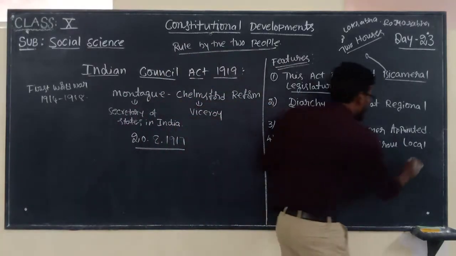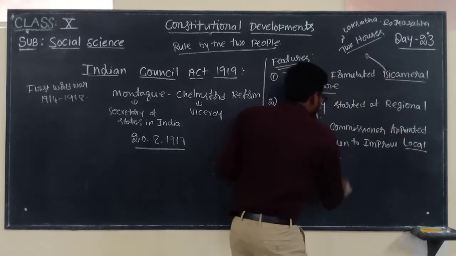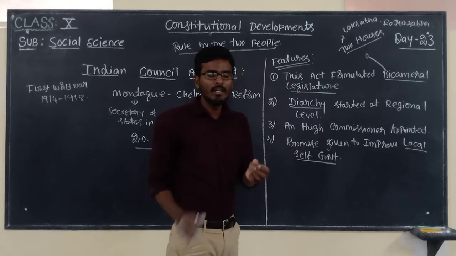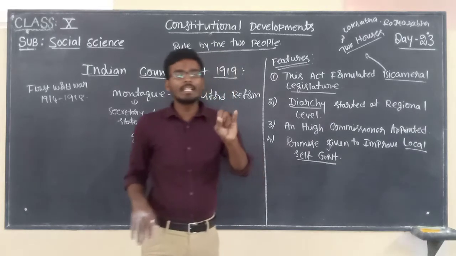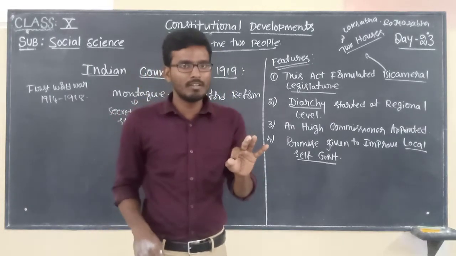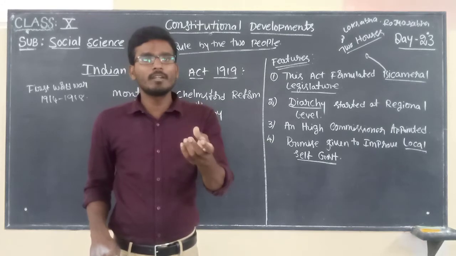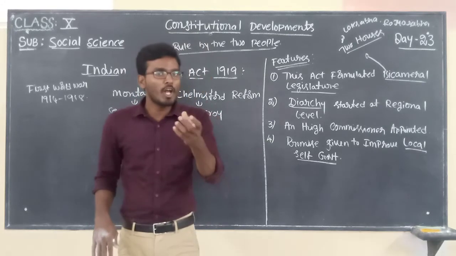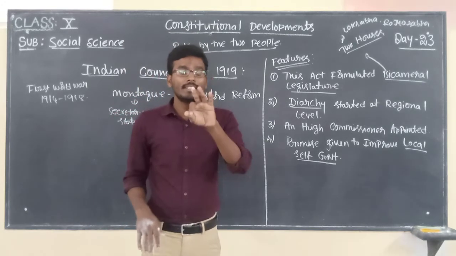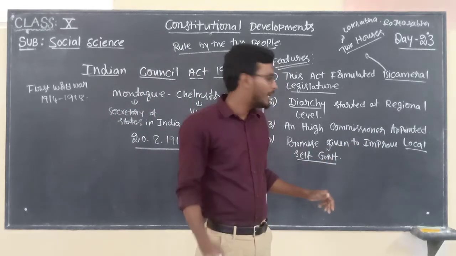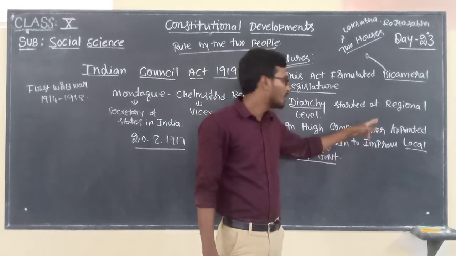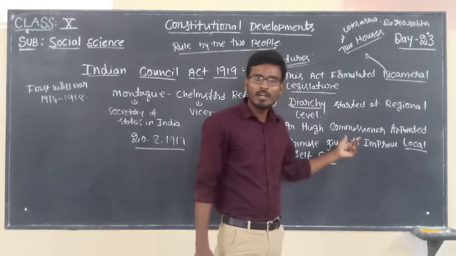What is local self-government here? Local self-government is the government at district level, taluk level and village level. You can say Zilla Panchayat, Taluk Panchayat and Gram Panchayat. These three are known as local self-government. So the promise was made by the British government to Indians to improve local self-government.